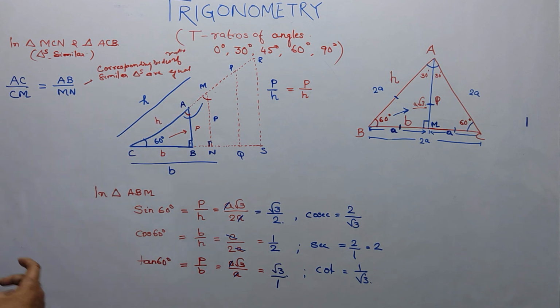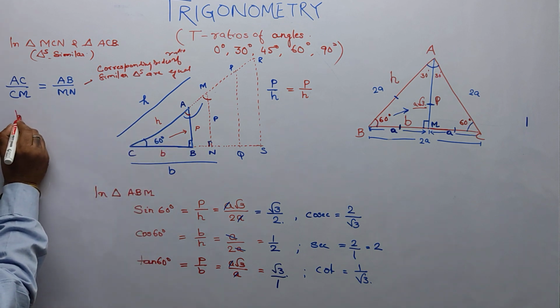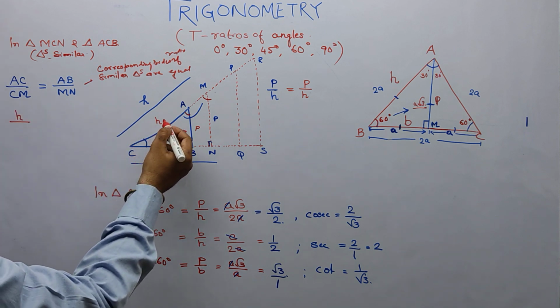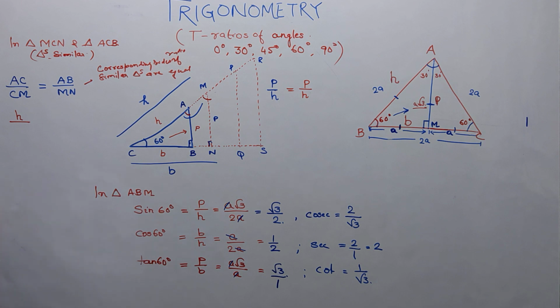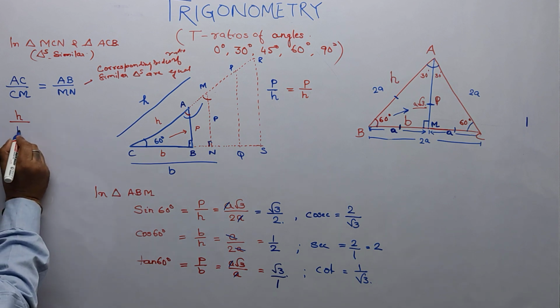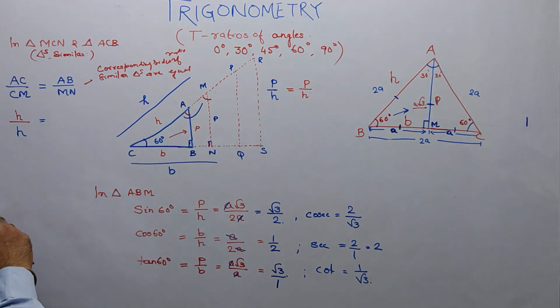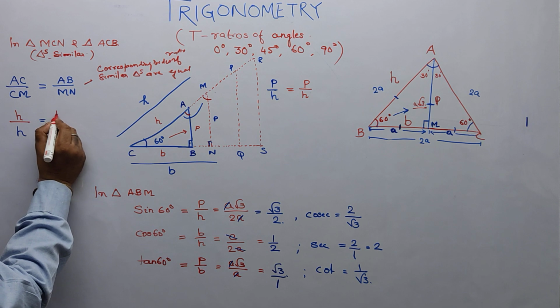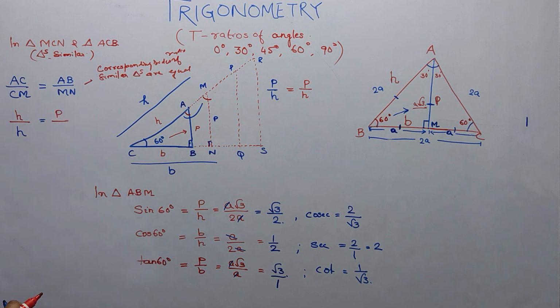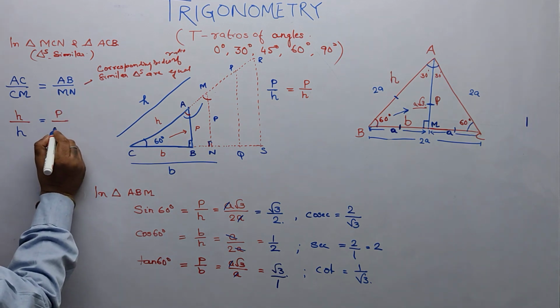So here AC is the hypotenuse, which we can write as H in red ink, and CM is the hypotenuse in blue ink. Then AB is the perpendicular, and MN is the perpendicular in blue.